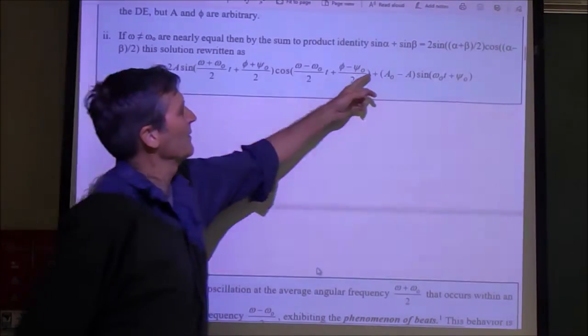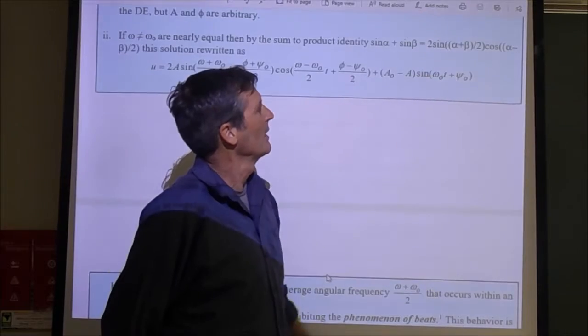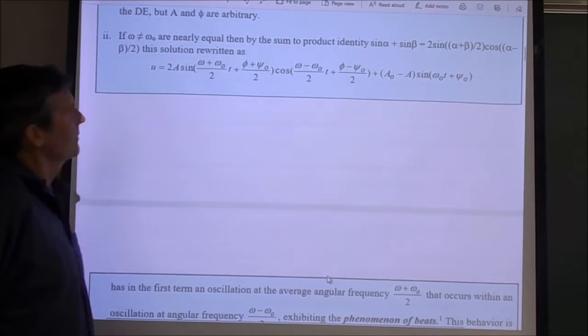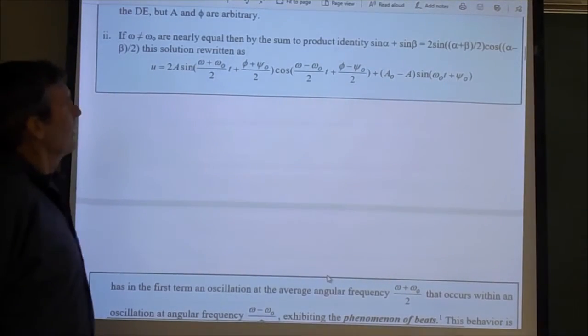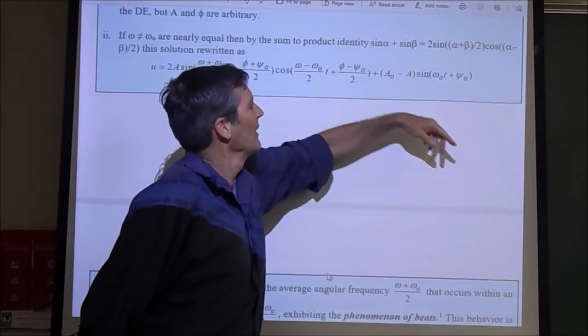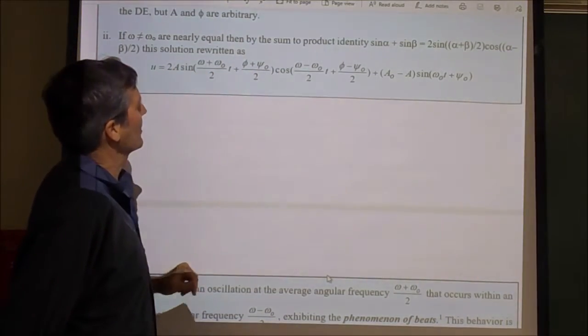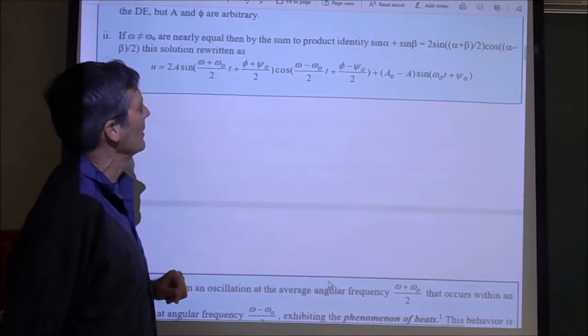And then there's a little bit of amplitude left over, right? Whatever the difference in the amplitude was multiplies the remaining sine wave. So we have a sum of two sine waves plus a constant sine wave. And now this one, however, is very interesting when the frequencies are very close to equal.